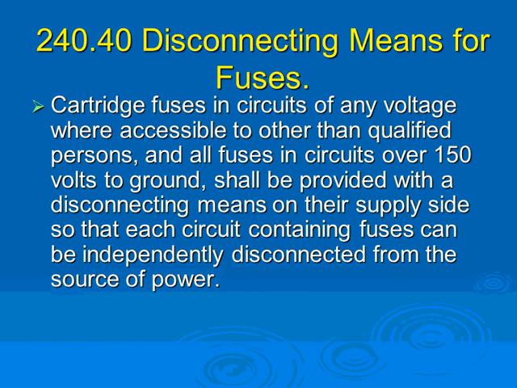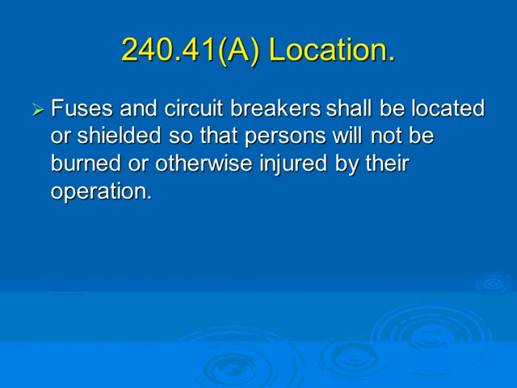So any fuse accessible to non-qualified people, and it becomes a rule for us for any fuse at 480, 277, 600 volt fuses, not 208, then you have to have some type of disconnect to disconnect the fuse from the circuit, for changing and so forth.